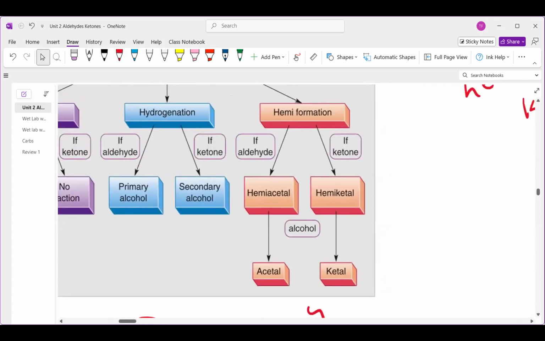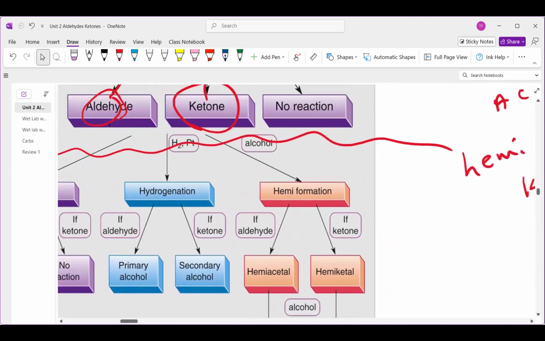And this would be the flow chart for unit 2. Okay, so if we start with an aldehyde or ketone, we're going to get its hemi. Since we already talked about aldehydes, let's talk about acetals. So we're starting with an aldehyde, we're going to end up with, in the presence of an alcohol, a hemi formation. So it'll be a hemiacetal.